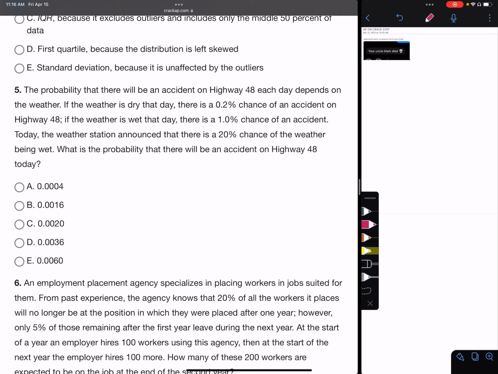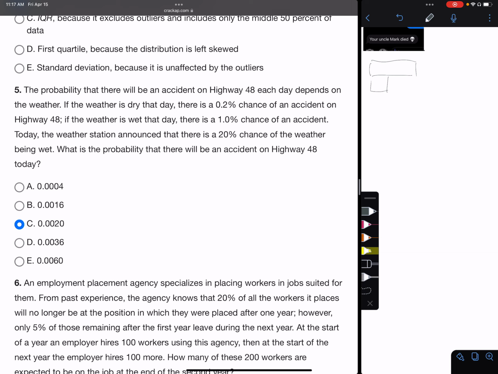You just multiply the percentages. So if it's wet, then there's a 1% chance. Let's see, right? 20% chance of it being wet. Within that, if this is 100%, then there's a 20% of that, and then there's a 1% of that 20.